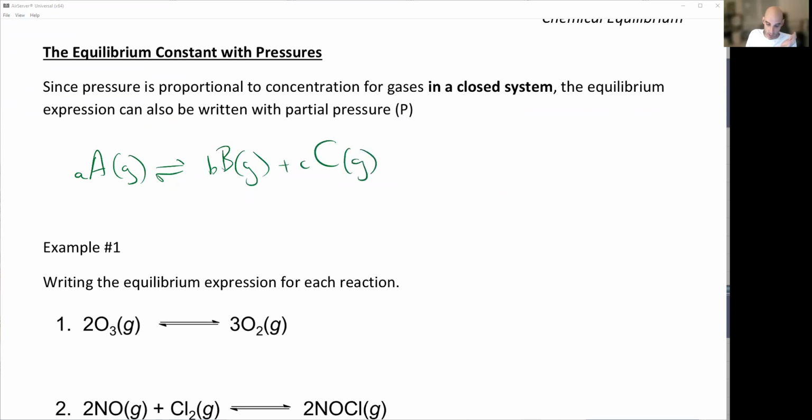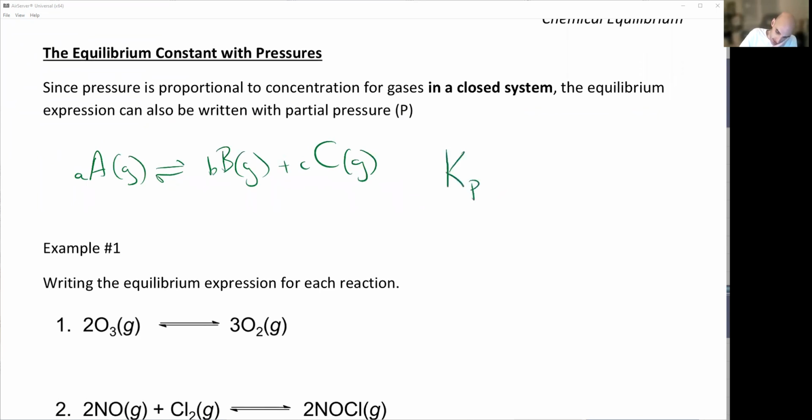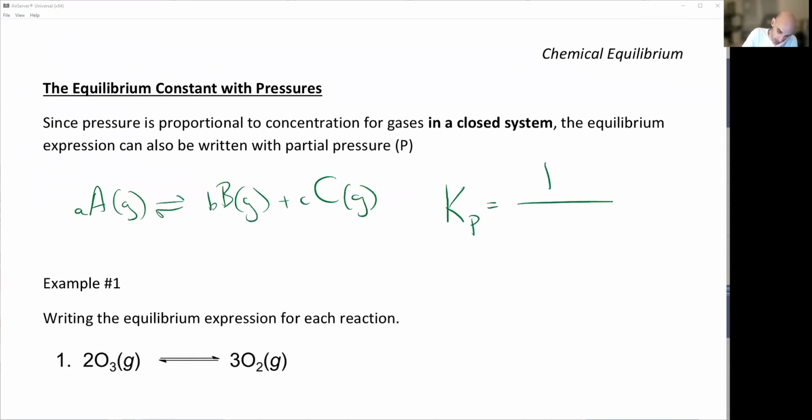Instead of concentrations in my equilibrium constant, Kp is going to be equal to the pressure of the products.